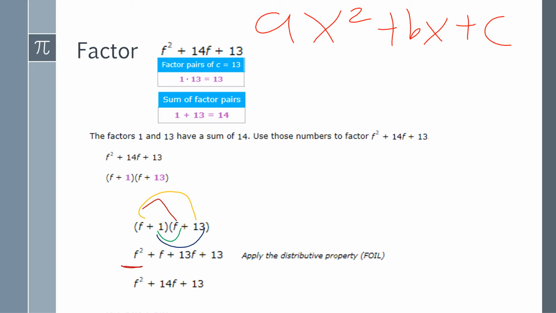This is your first. This was your outer. This was your inner. And this was your last. Bam! Just like that. And after that, we get back to where we started from. Now, of course, I'll be testing you on that.